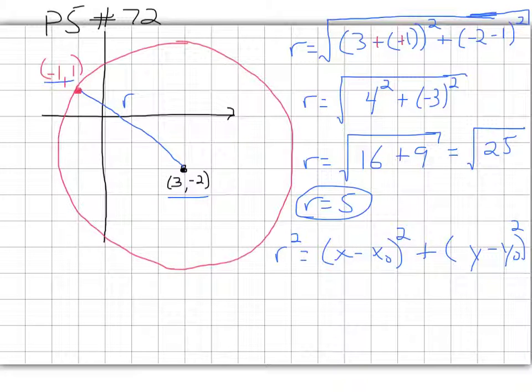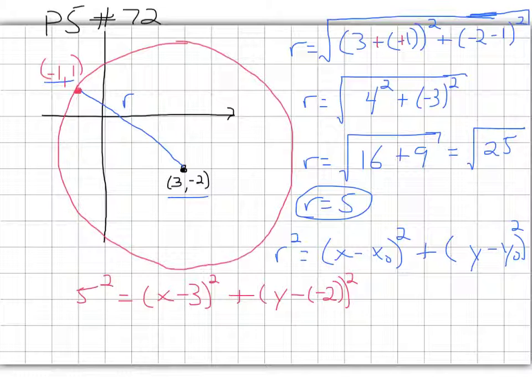So for this particular problem, it's going to be 5 squared is equal to x minus 3 quantity squared plus y minus our negative 2 in our center quantity squared.